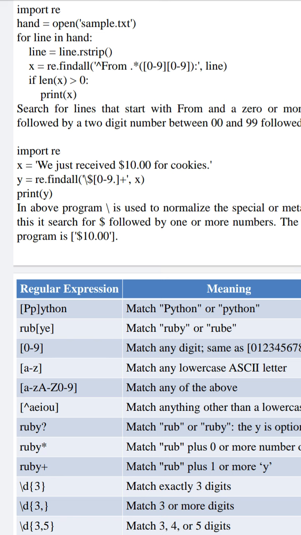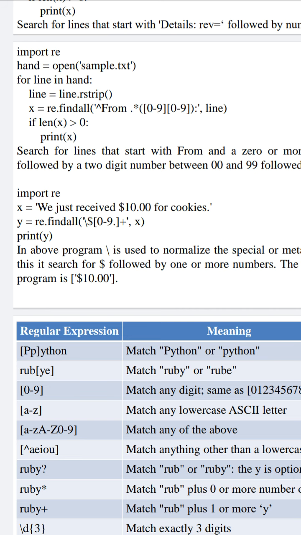Here we are restricting our selection of lines, stating that a line should start with From followed by any number of characters, or it may not have characters, because we are saying dot star, that indicates 0 or any number of characters, followed by a 2-digit number, because here we are using 2 square brackets separately with range 0 to 9, 0 to 9, meaning values are restricted between 00 to 99, followed by a colon.